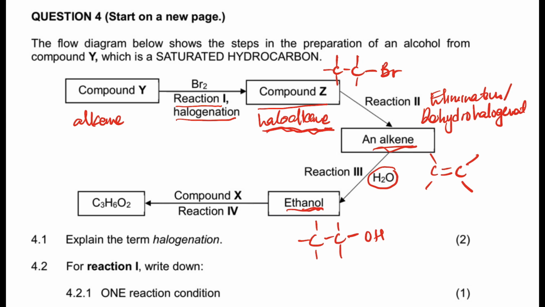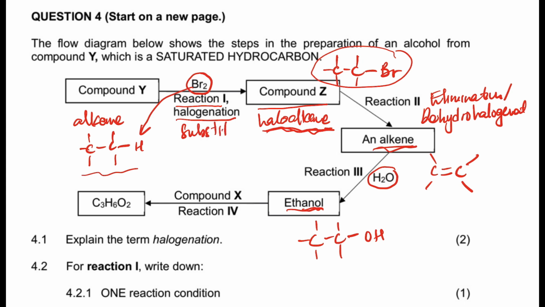So compound Y was ethane, and on this ethane one Br is substituted, removing a hydrogen. So an alkane becomes a haloalkane, which is a substitution reaction.